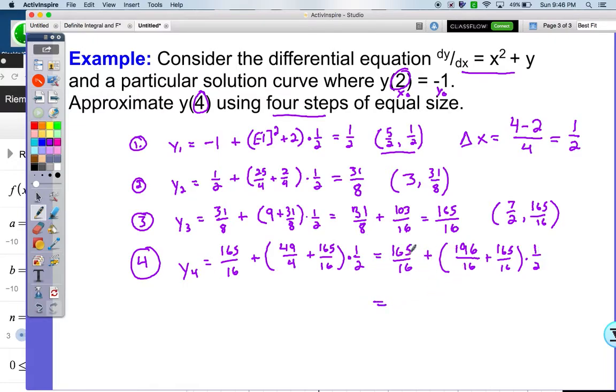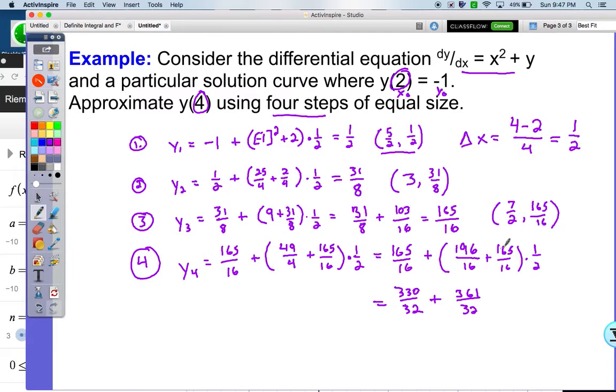All right, that's going to end up being 32 on the bottom. So if we multiply that by 2, 165 and 165 is 330, so 330 over 32, plus, so now this is going to be a 32 on the bottom, plus 361 over 32.